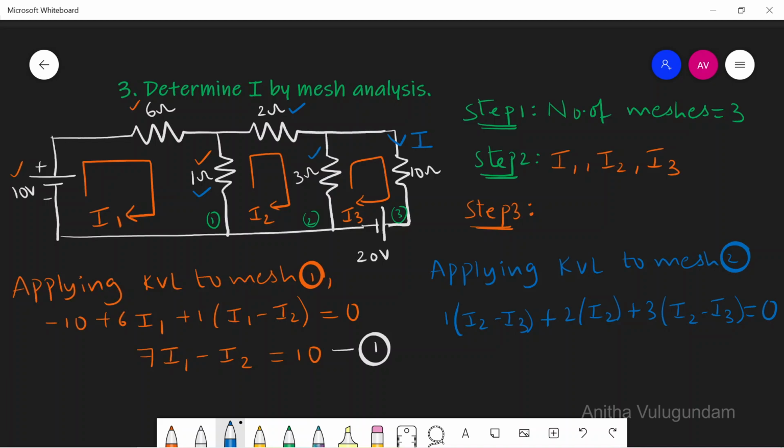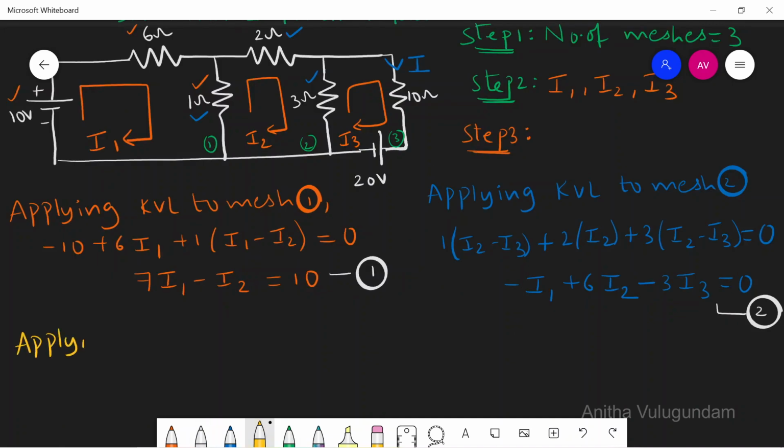I can rewrite this equation as minus I1 plus 6I2 minus 3I3 equal to 0. Let this be equation number 2.